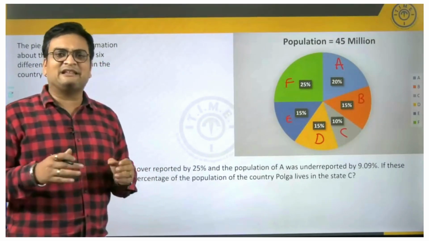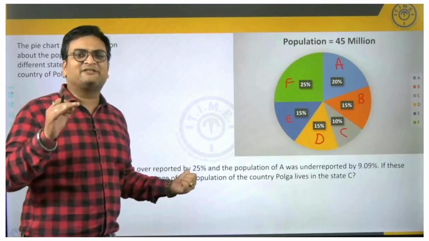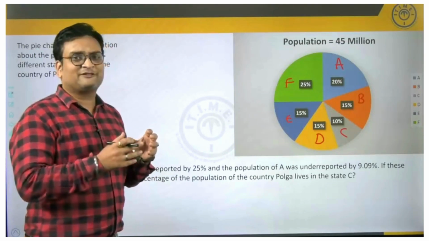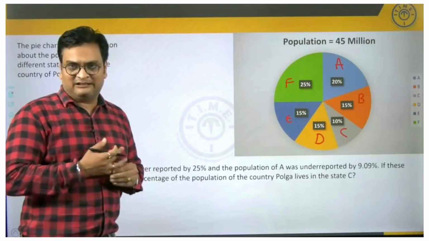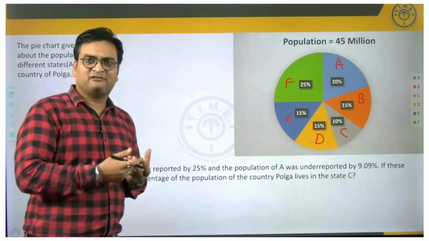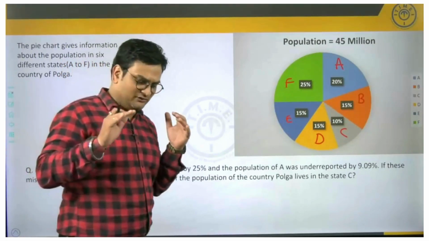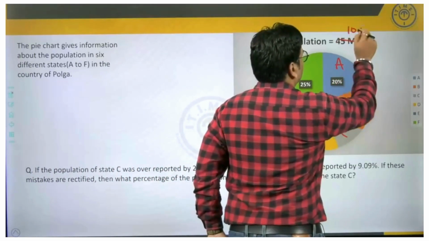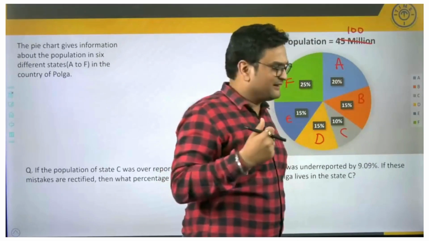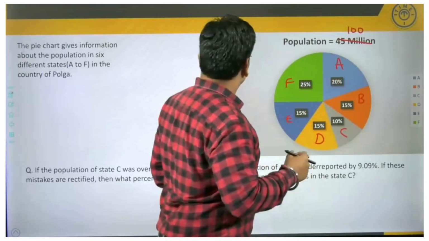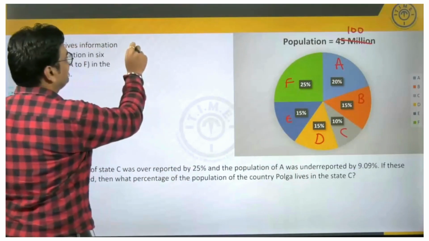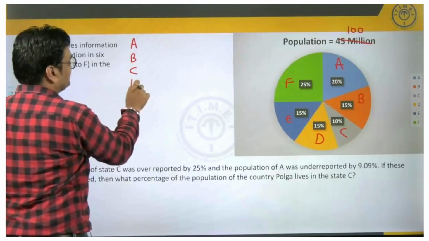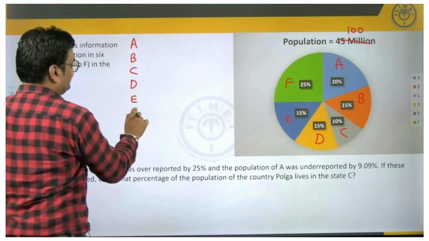So that means, can I say even now the question is in relative terms? So whenever the question is in relative terms, we can make use of the point that we discussed some time back, that for relative terms we can assume convenient values for solving. So I'll do the same thing here. If I again assume the total population to be 100, so the populations of A and C, particularly, I am interested in A and C, but I will just write down for others also.